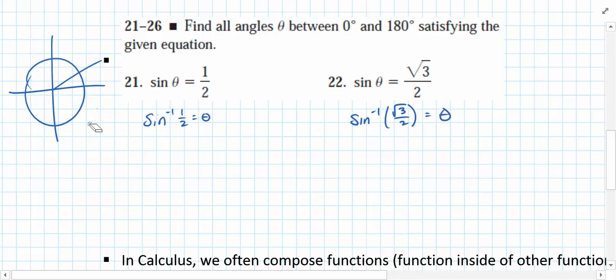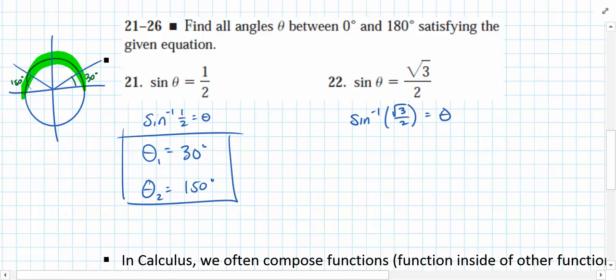Oops, I need to be careful. The y value of positive 1/2 are those two locations. And according to the unit circle, that would have been 30 degrees and 150 degrees. Since both of those exist between 0 and 180, then I would select both of them as answers. So theta 1 I might call 30 degrees, and theta 2 I could call 150 degrees. No calculator necessary, since this was a value that's commonly found in our unit circle.